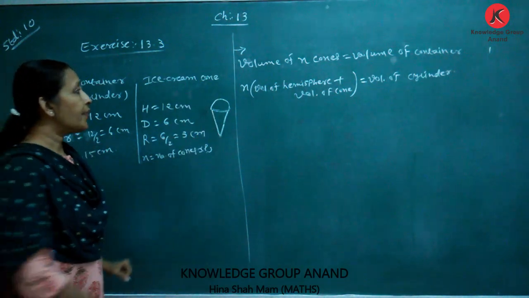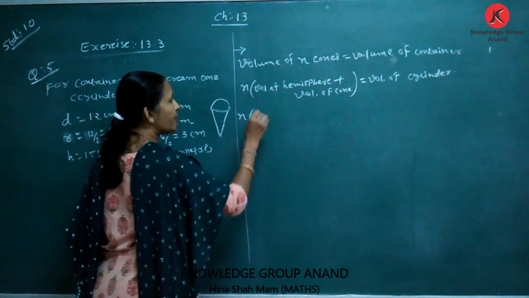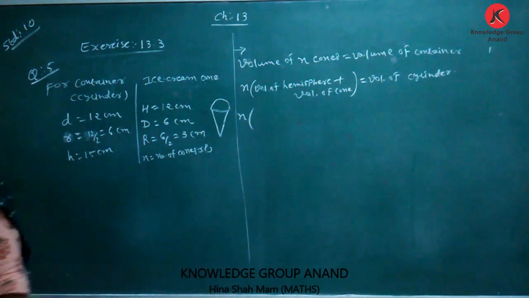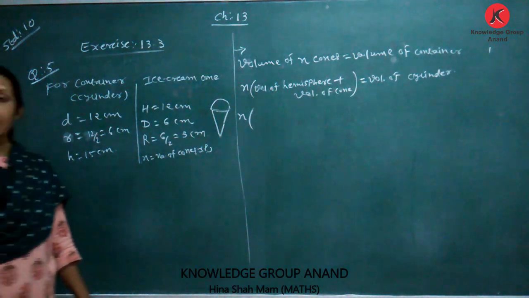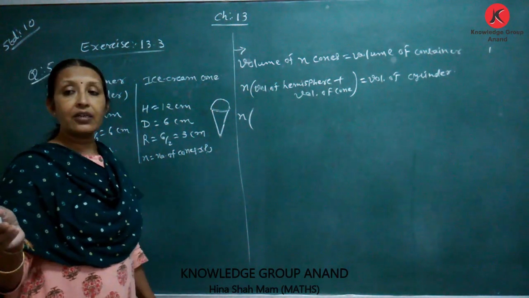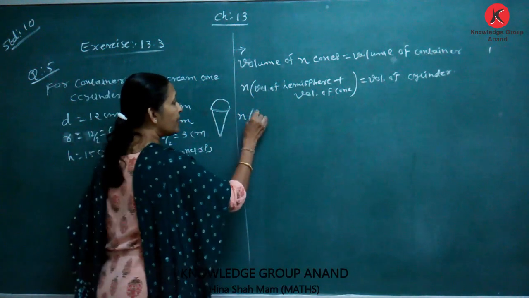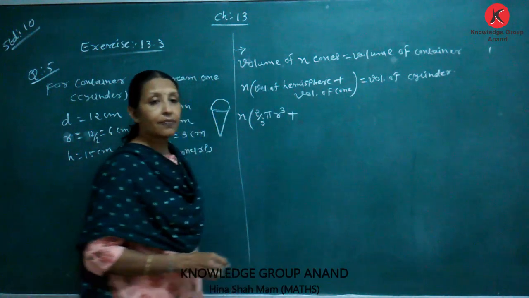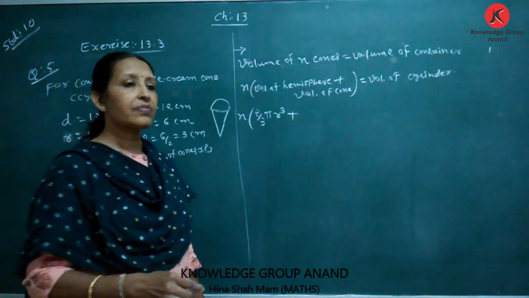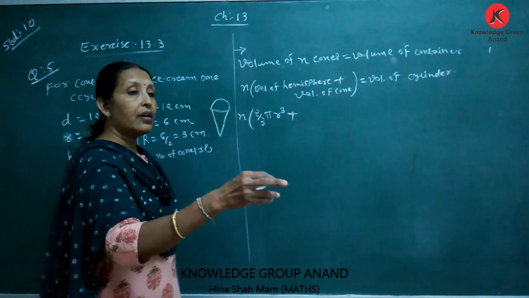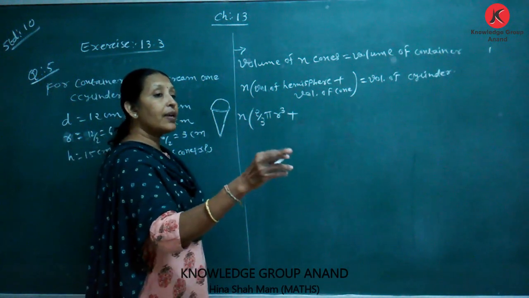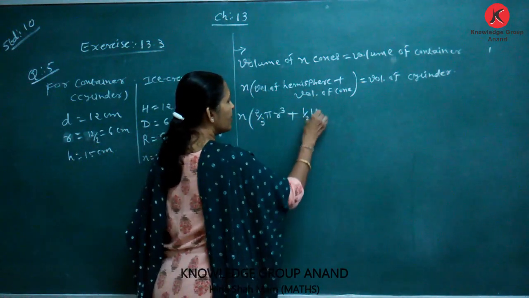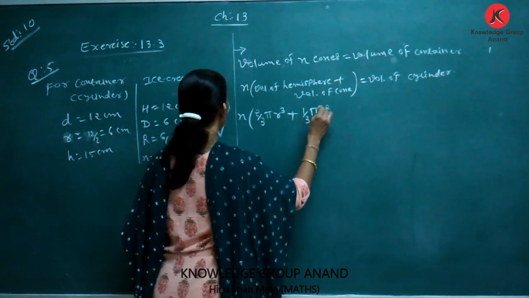Now putting the formula, n into the volume of the hemisphere. What is the formula for the volume of a hemisphere? Yes, 2 by 3 pi r cube. Volume of hemisphere 2 by 3 pi r cube plus volume of cone, that is 1 by 3 pi r square h.